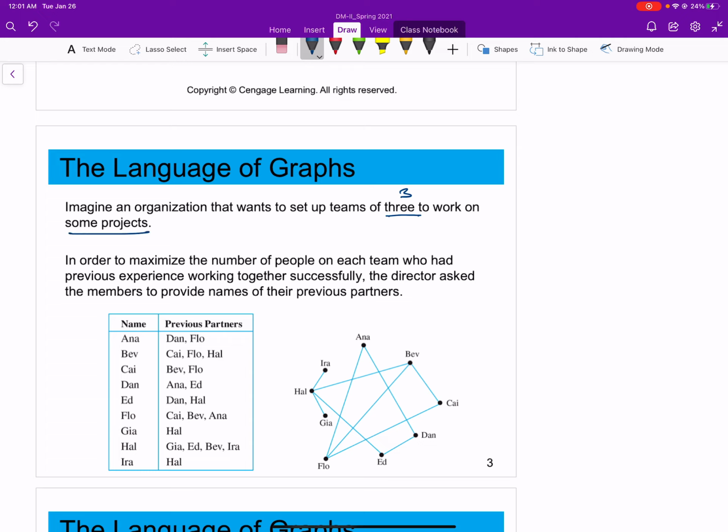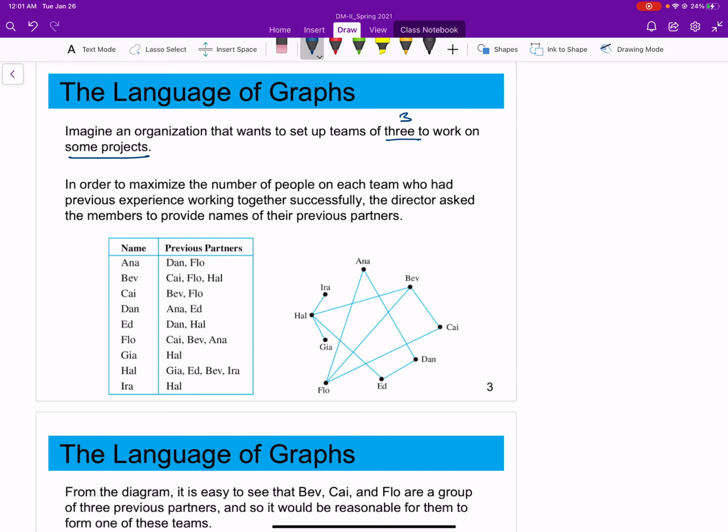In order to maximize the number of people on each team who had previously experienced working together. So the target is they have to make the groups such that the group consists of people who already work together. All right. So the main thing that concerns us here is the prior teamwork, whether they have been in a team prior to this project.